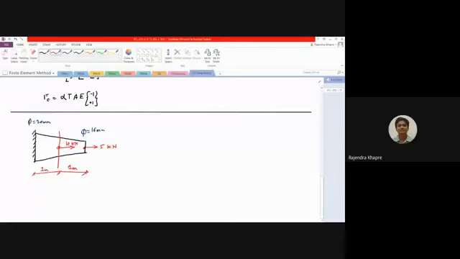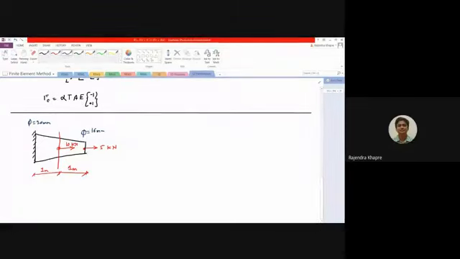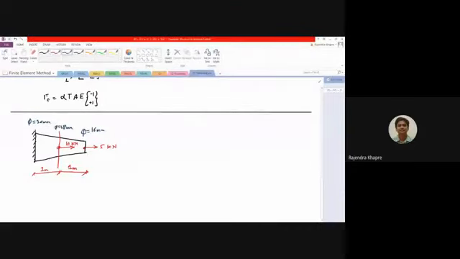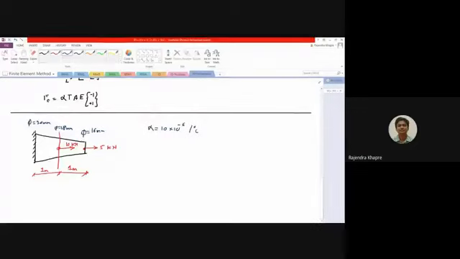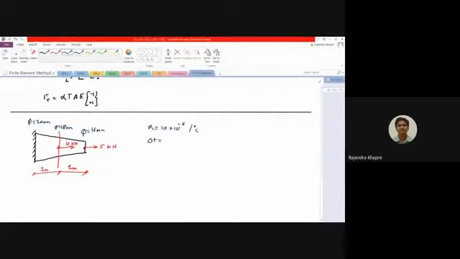Naturally, if this is 16 and this is 20, then at this level the diameter will be something like 18 millimeters. At the same time, we have been given a temperature effect. The alpha, that is the coefficient of thermal expansion, is given as 10 into 10 to the power minus 6 per degree centigrade, and the delta T, that is the rise in temperature, is given as say 30°C.